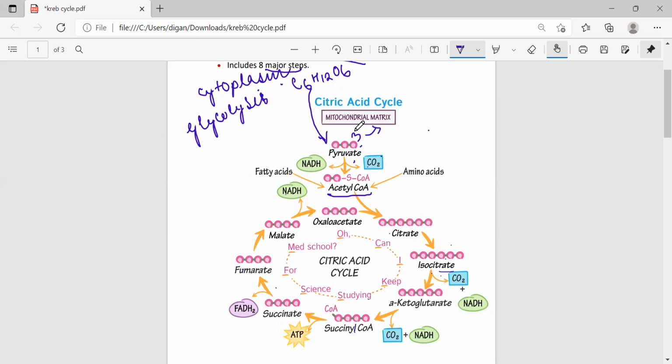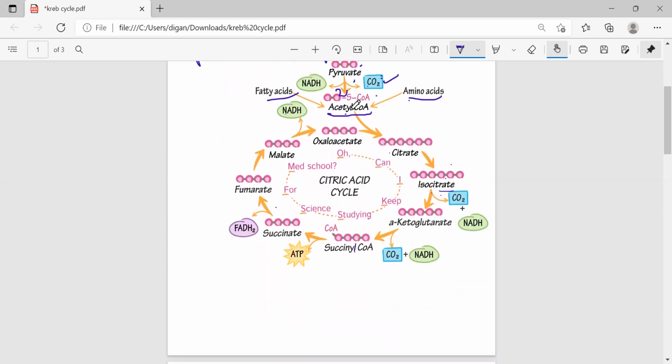So pyruvate is a 3-carbon compound, and in the decarboxylation process, it removes 1 carbon in the form of carbon dioxide, and as a result, the 3-carbon compound is converted into a 2-carbon compound, acetyl coenzyme A. Of this acetyl coenzyme A, the coenzyme A part is amino acid, whereas the acetyl part is fatty acid. So questions may come from these 2 points. Remember these 2 points.